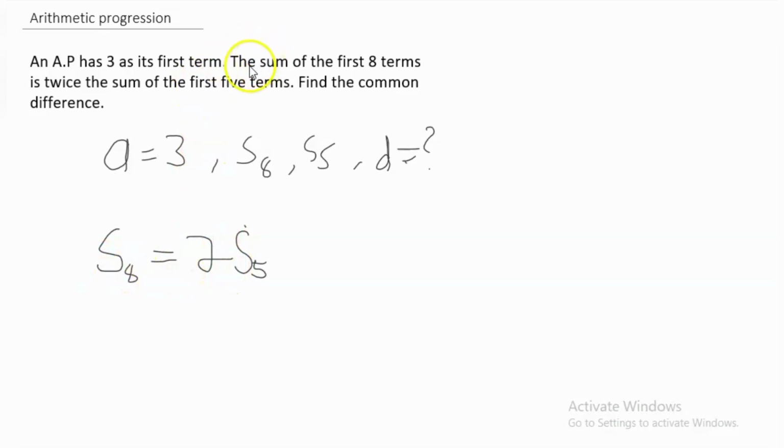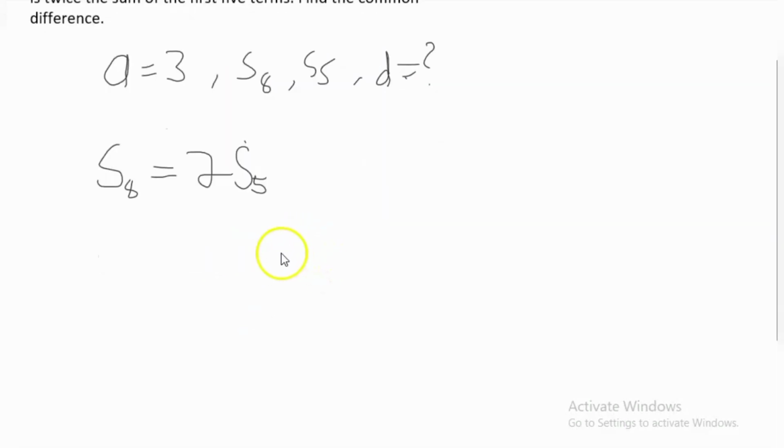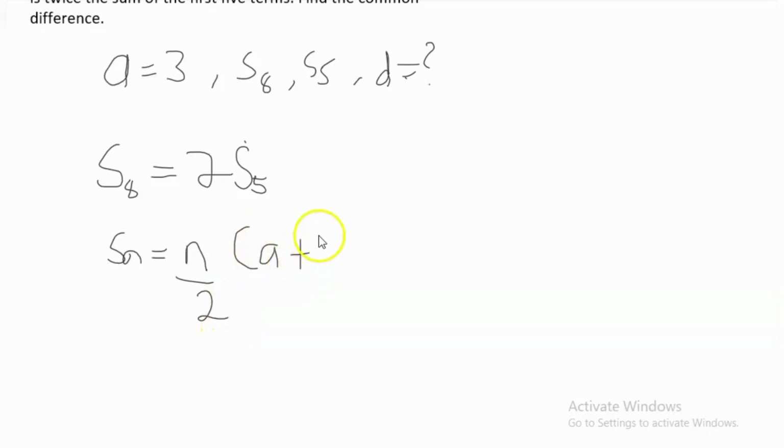To find the common difference, there is a formula for the sum of terms. The formula for Sn, the sum of n terms, would be n over 2, open bracket, a plus Tn.